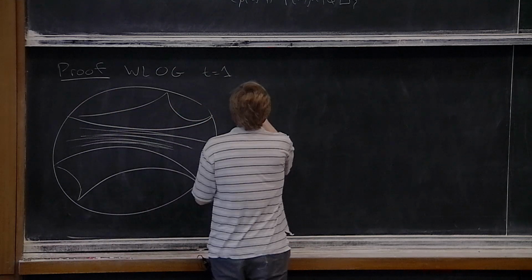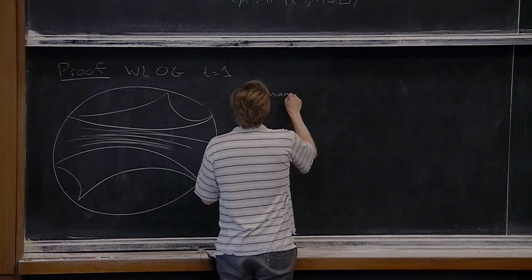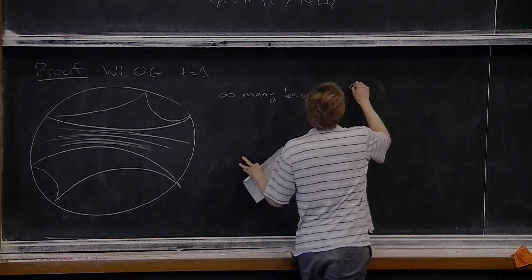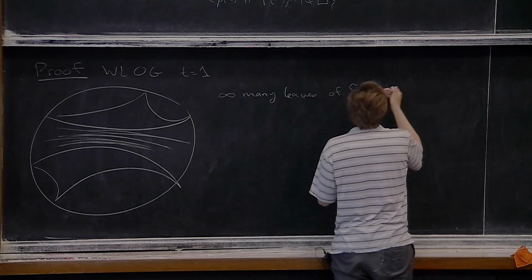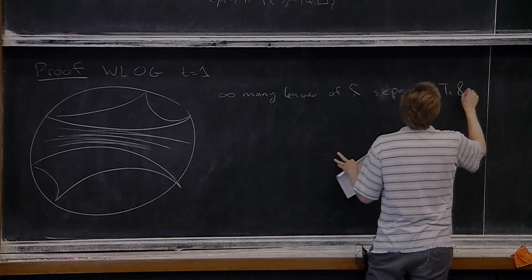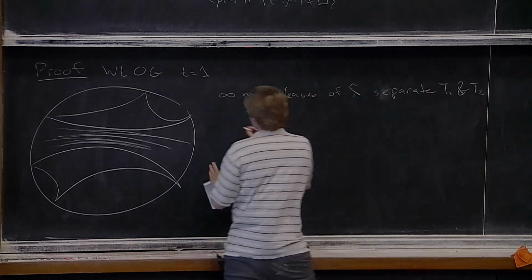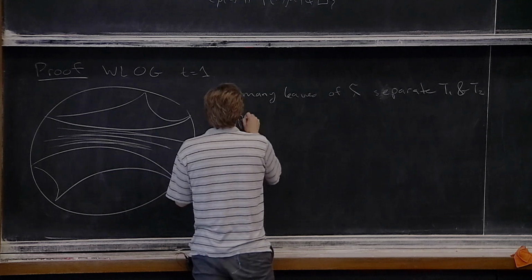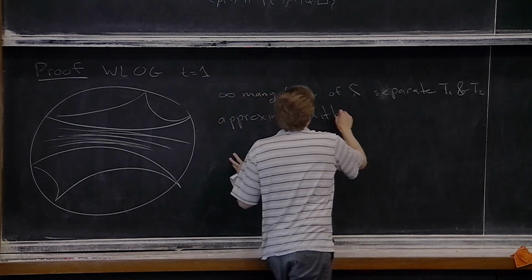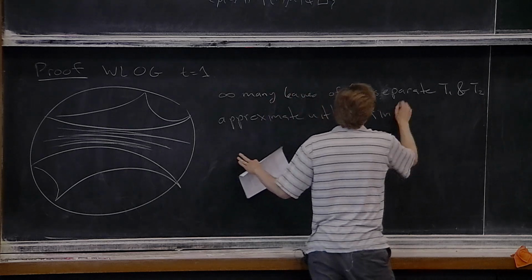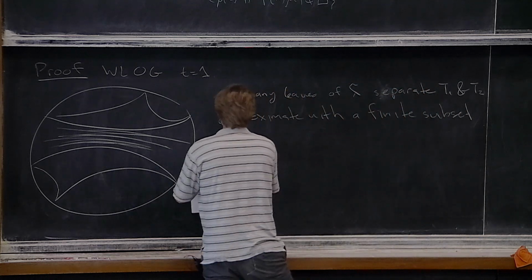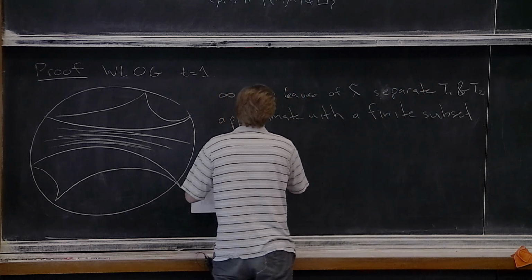So infinitely many leaves of lambda tilde separate t1 and t2. And I'm going to approximate with a finite subset of these leaves.